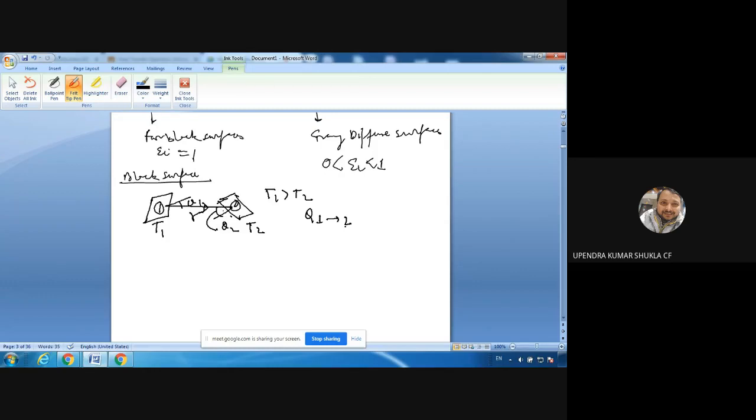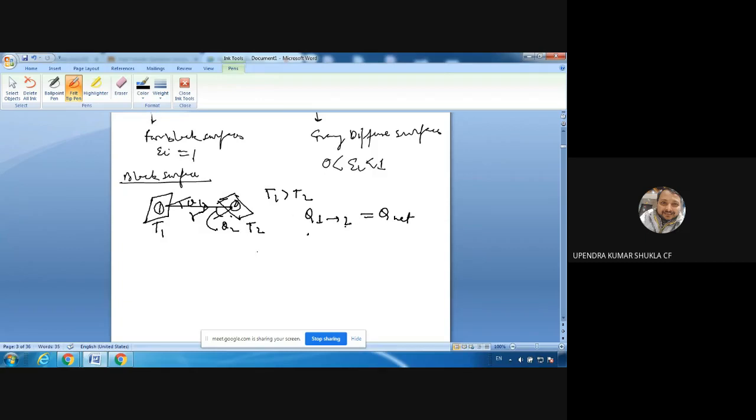A very similar case holds for surface 2: absorption of energy would be more than the emission of energy. So there is a net energy exchange, Q net. Q net direction will be from 1 to 2 because it is from higher temperature to lower temperature.